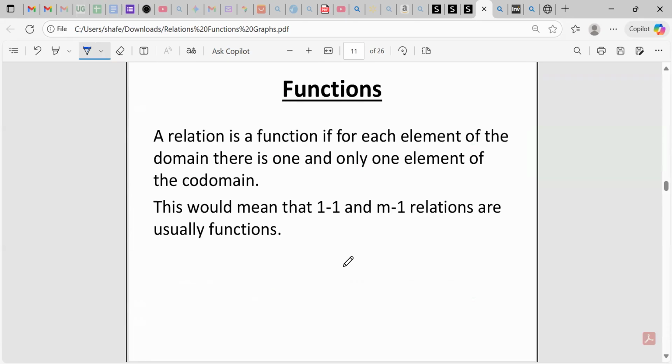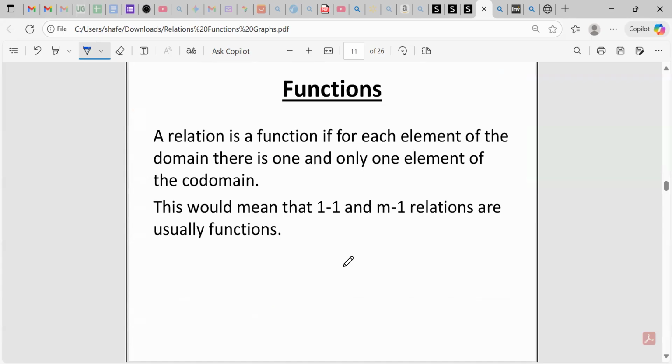So now we turn our attention to a special type of relation. The relation is called a function. So when is a relation a function? Well, here's a definition.